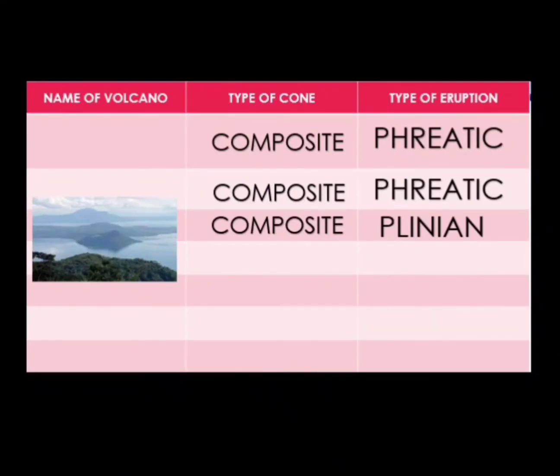Next picture is Mount Taal in Batangas. It is a cinder cone type of volcano, but over time, it formed a large caldera. It erupted on January 12, 2020, and the type of eruption is phreatomagmatic.